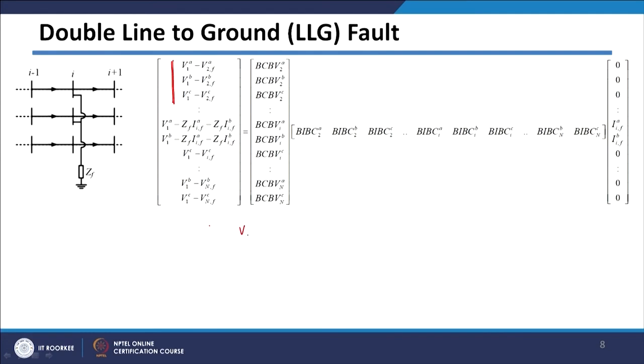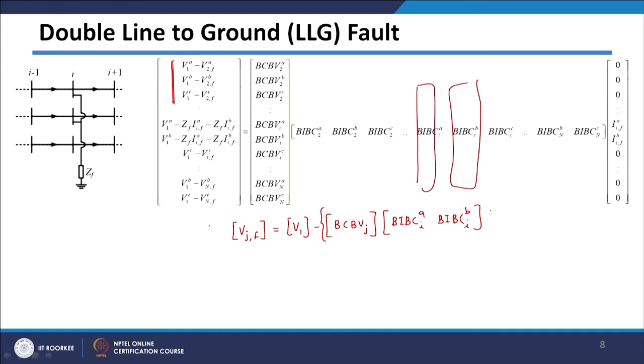So Vj post fault will be equal to V1 minus BC BV corresponding to any jth bus where we want to calculate post fault voltages, and this will get multiplied with respect to BI BC, as I have shown you, only these two columns are getting multiplied with respect to fault currents. Sorry, this is fault current.